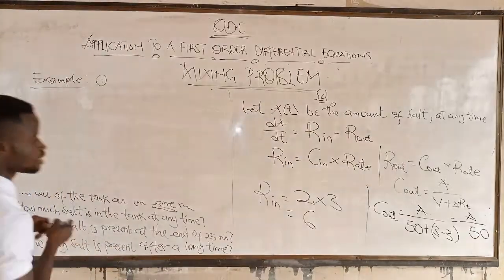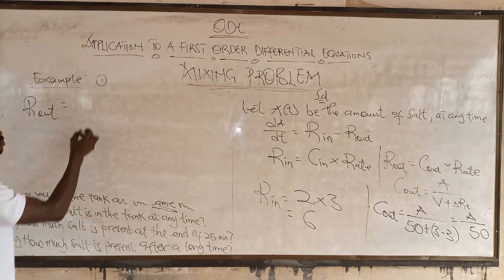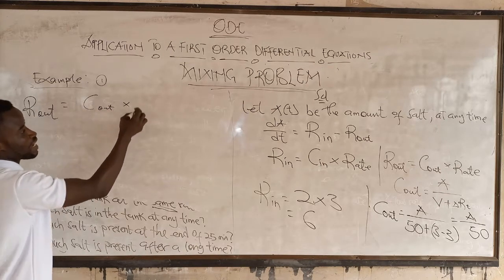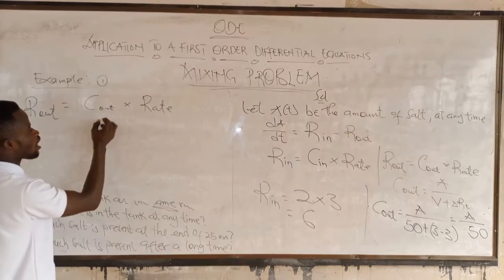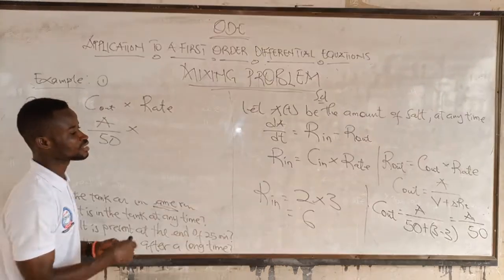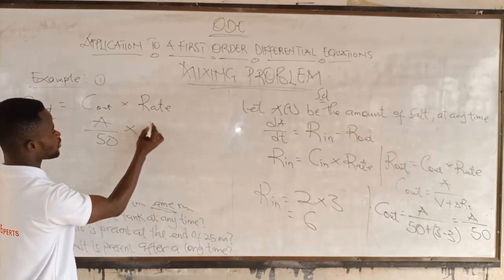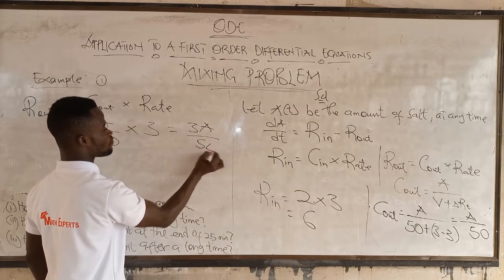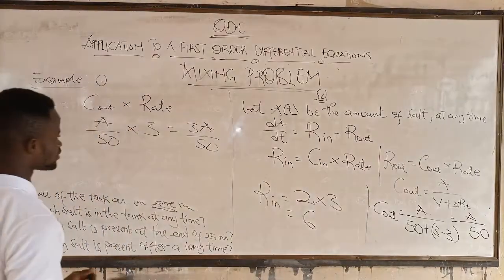Alright, so now the rate out is going to be equal to the concentration out times the rate itself. So the concentration out is now A over 50 times the rate. Same rate, so the rate is 3. And this is going to give you 3A over 50. Alright. Very good.